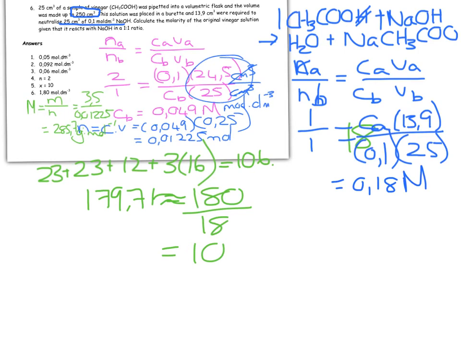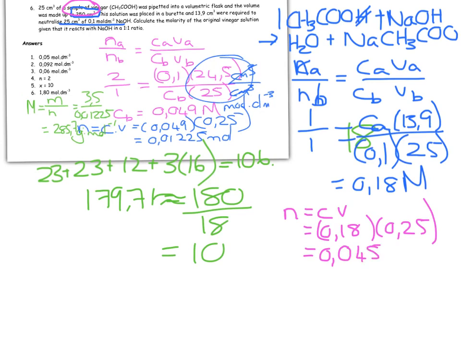So we're going to go as follows. First, I'm going to work out my number of moles, and my number of moles is equal to concentration times volume. I've got a concentration of 0,18, and I've got a volume of 0,25. I've had to change that 250 centimeters cubed over there into 0,25 in order to establish my concentration, and I land up with 0,045 moles.